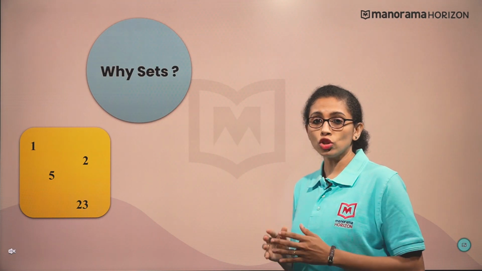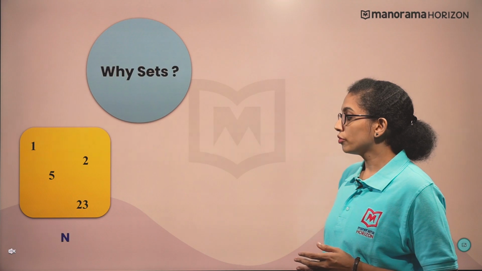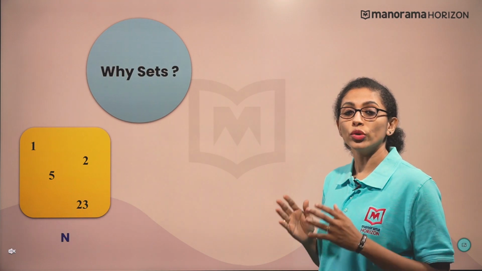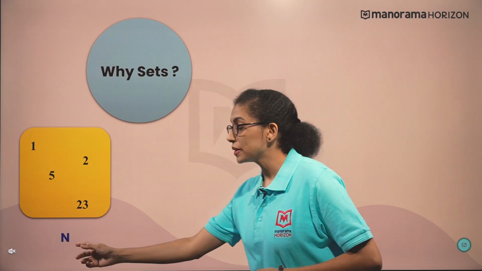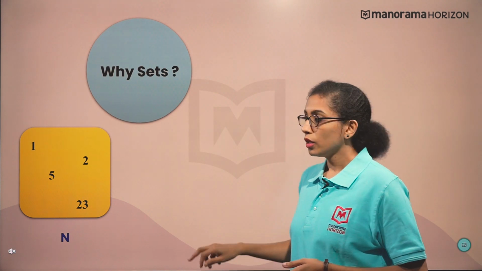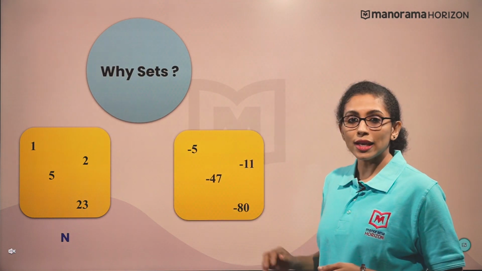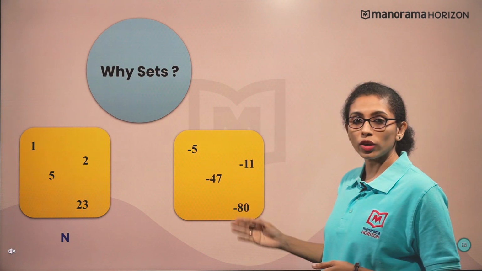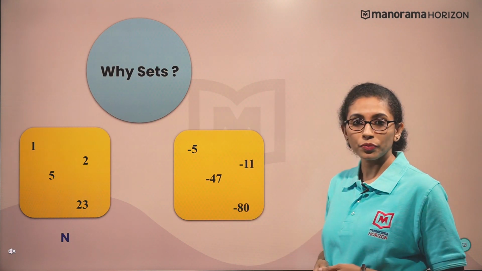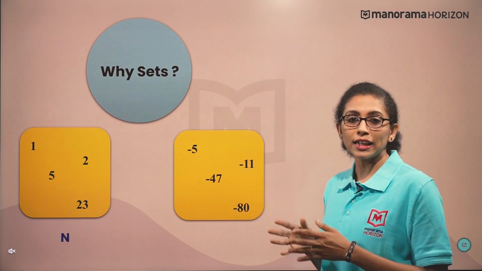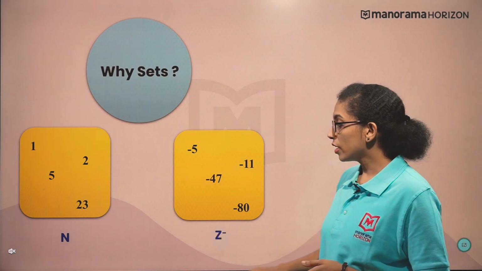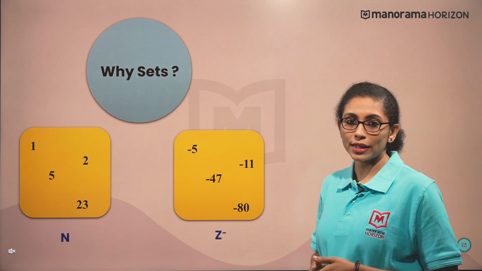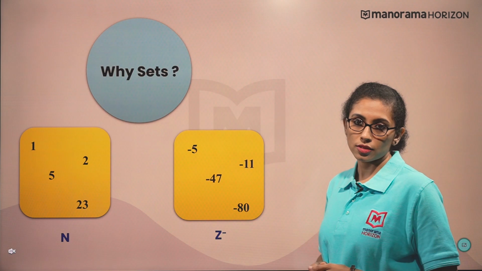Collectively, they belong to the set of natural numbers, which is represented by capital N. Can you guess the next set of numbers? Minus 5, minus 11, minus 47, minus 80. This is a group of negative integers. They are represented using letter Z minus.